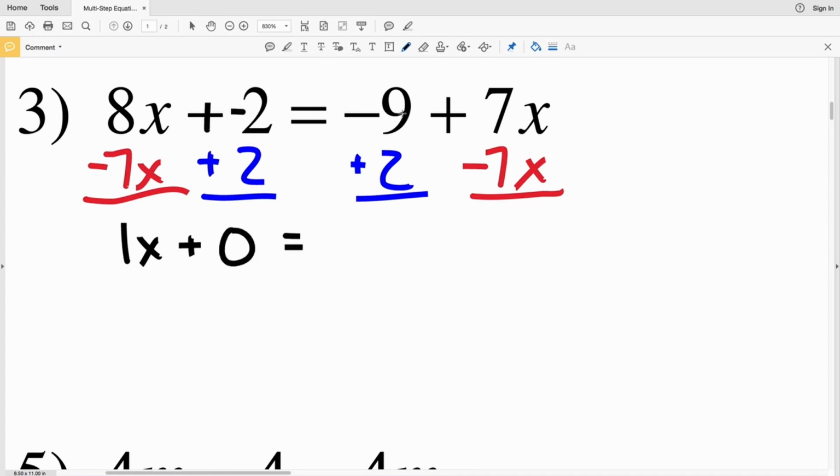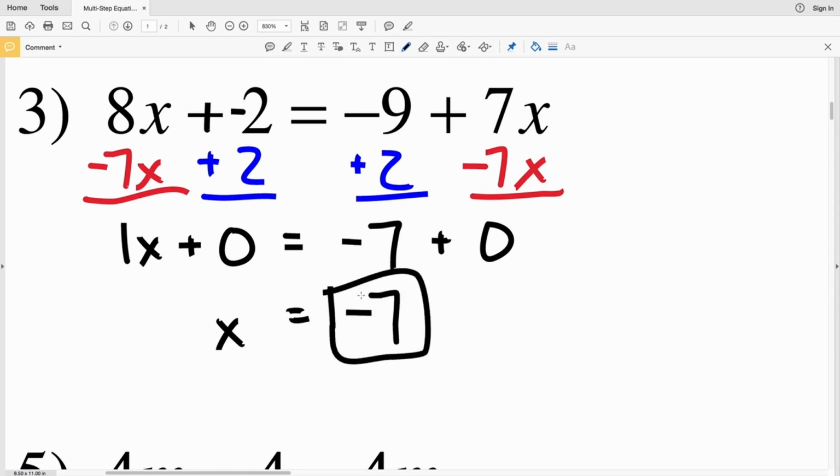Then negative 9 plus 2 is negative 7, and 7x minus 7x is 0. This leaves us with 1x, which is x, equal to negative 7.